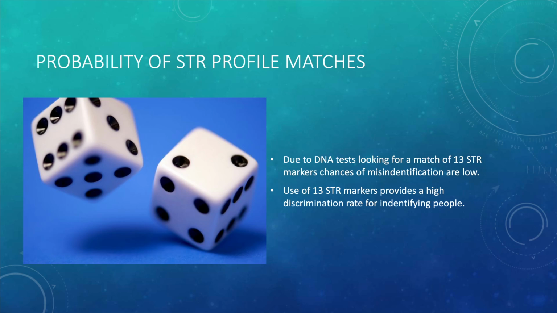So it's a really good way to pick out a specific person from the population. Also, another good tidbit: STR profiling does not work on identical twins, because they have the same DNA, so it would come up the same for both of them.